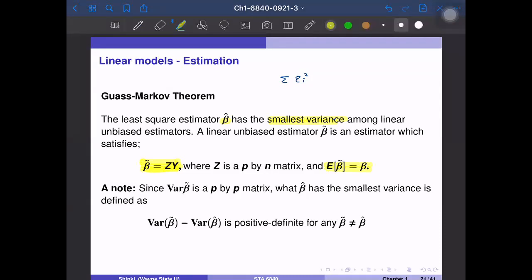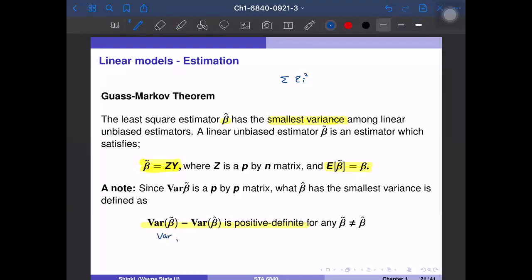So for vector beta hat, the smallest variance means that this covariance matrix has this property. So beta hat has smaller covariance. That means variance of beta tilde minus variance of beta hat is positive definite.